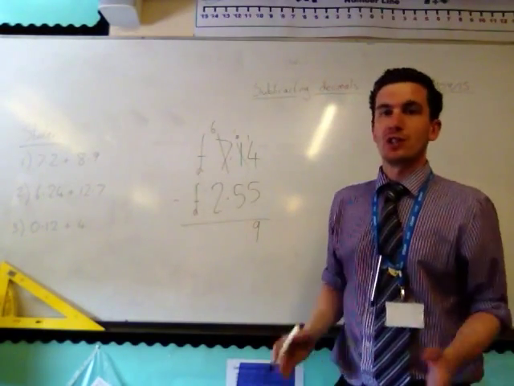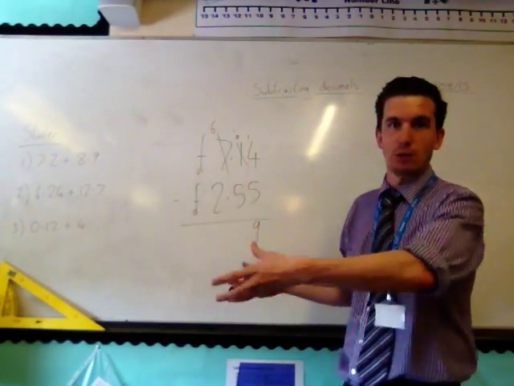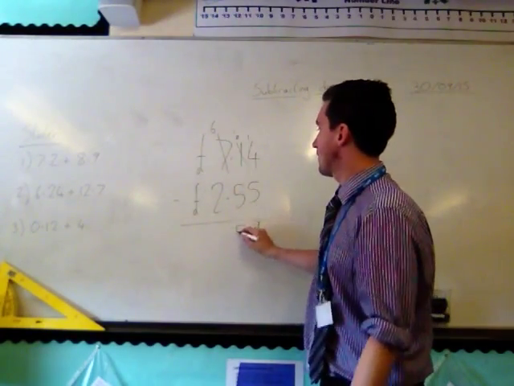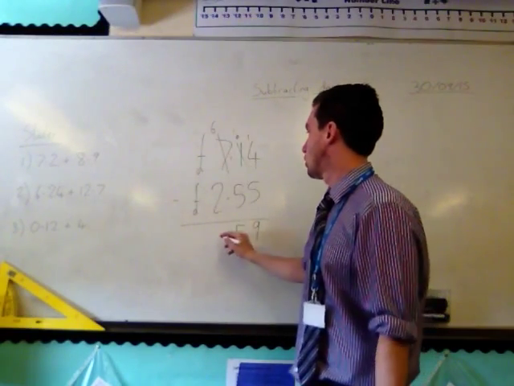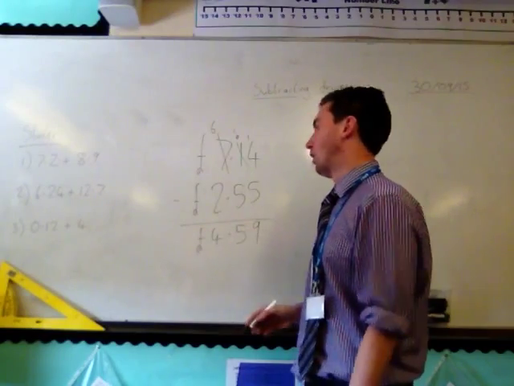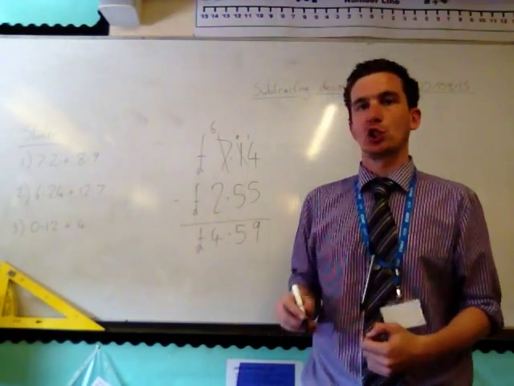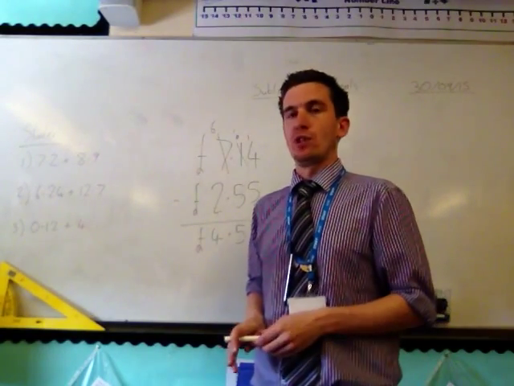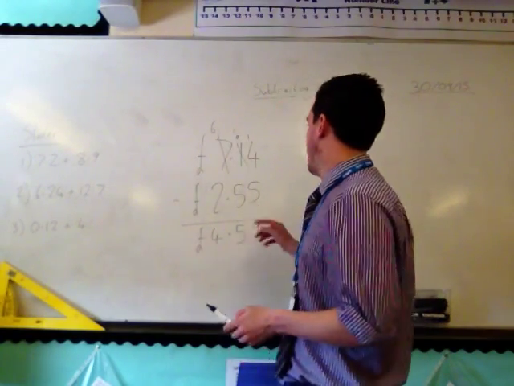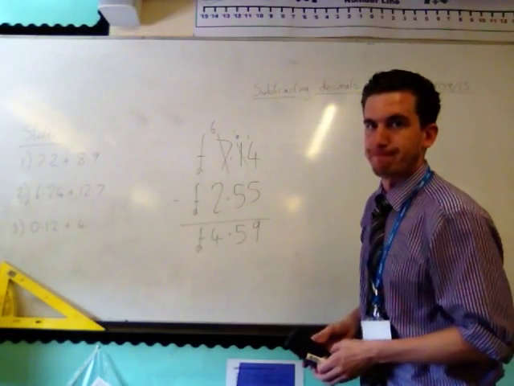We put the 1 across to the next one, so that becomes 10 now. 10 take away 5 is 5. Put your decimal in. 6 take away 2 is 4. £4.59. So if you need a second just to copy that example down, or ask any questions, feel free to pause me.